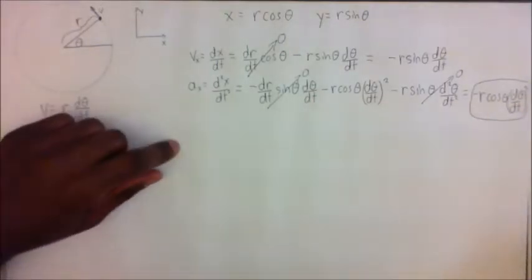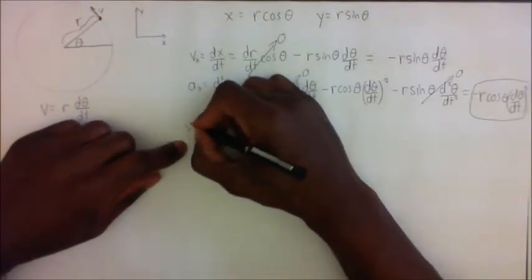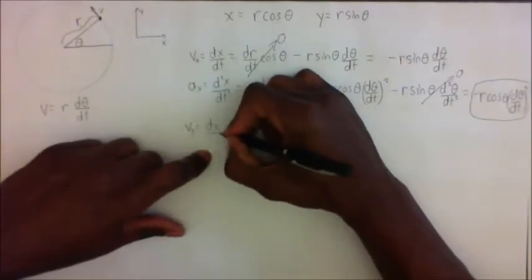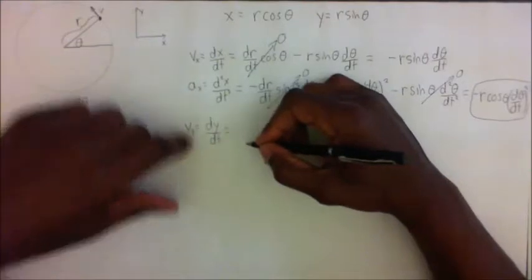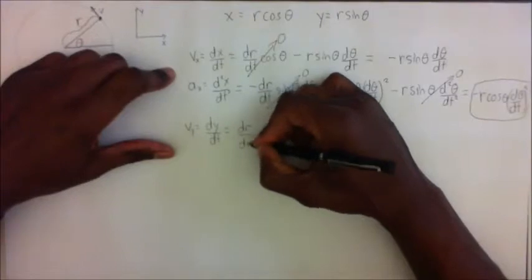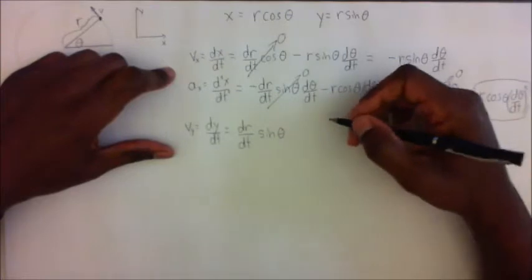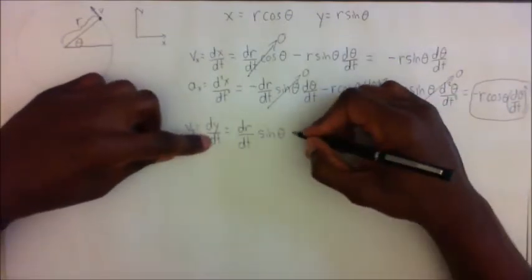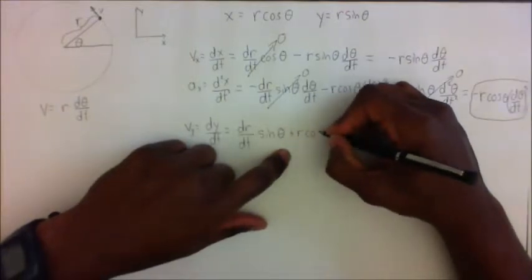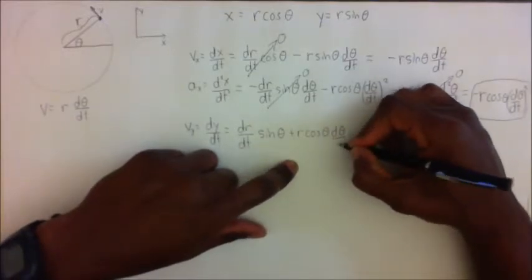Now let's look at the y components. I'm going to differentiate with respect to time. So v sub y, which is the velocity in the y direction, is equal to dy over dt, and that is going to be equal to dr over dt times sine of theta, plus r cosine theta d theta over dt.